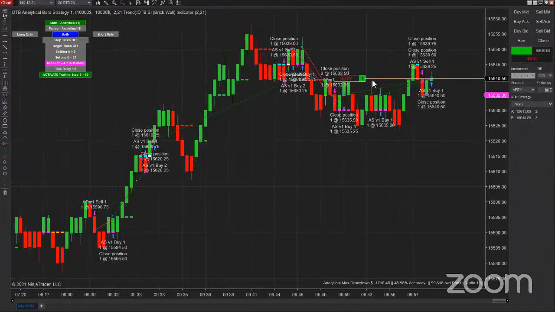So a lot of positions, as you notice, there's a lot of trades in this setup. Okay, so into the last minute. So when this bar closes, more than likely the strategy will pause wherever it is.